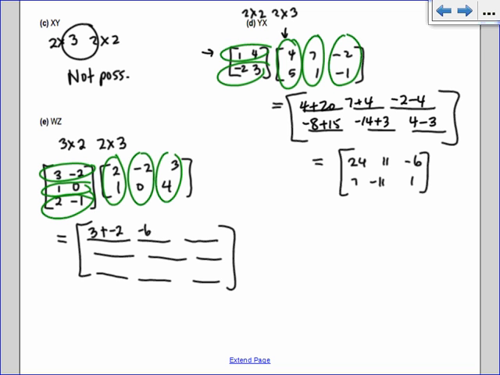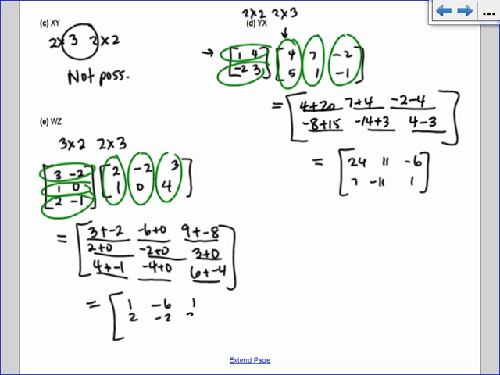I have -6 plus 0. I have 9 plus a -8. I have 2 plus 0. I have -2 plus 0. I have 3 plus 0. I have 4 plus a -1, -4 plus 0, and 6 plus a -4. So it looks like 1, -6, 1, 2, -2, 3, 3, -4, 2 is our answer.